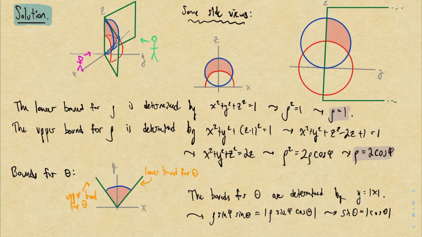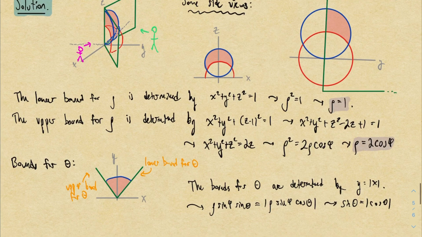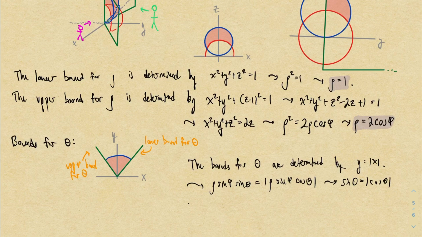This leaves us with the equation sine of theta equals the absolute value of cosine theta. And as usual, if you think about your unit circle for a second, you'll recognize that this happens when theta equals pi over 4 and 3 pi over 4. And that makes a lot of sense when we look at our picture in the xy plane. So there we go, we've got bounds for theta, and last we just have to deal with phi.